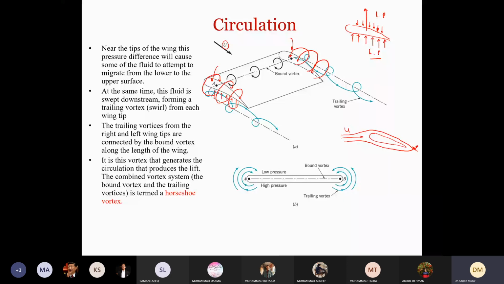Because the flow that is flowing on top of the aerofoil will be inclined downward, and the flow that is flowing below the aerofoil will be inclined upward. As such, there will be a point behind, in the wake of this aerofoil, where they will combine. When these two combine, they will generate bound vortices, right?